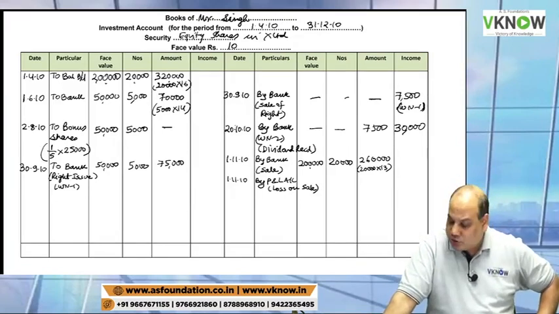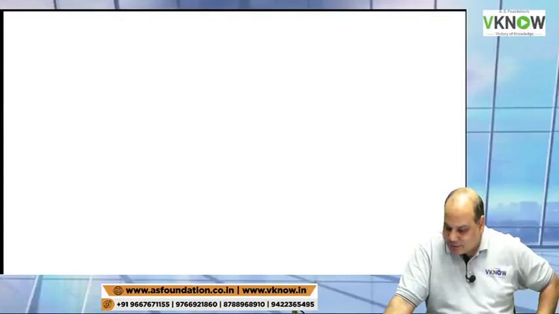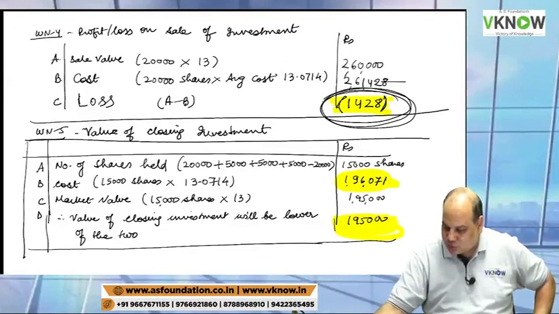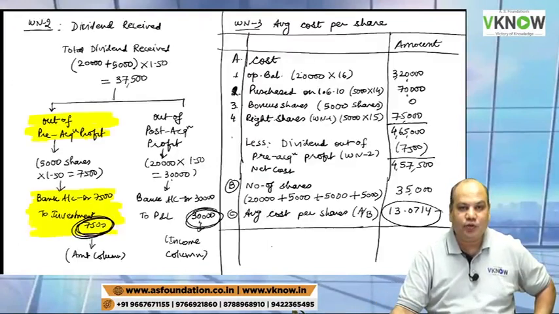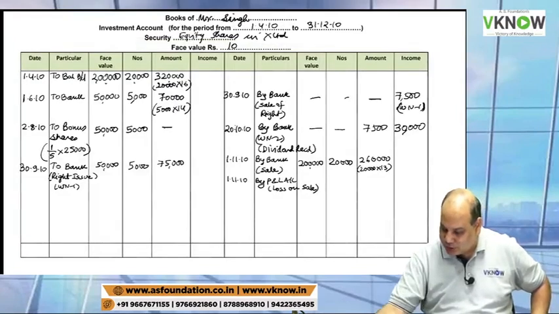So what is the loss on sale? Working note number 4. Loss on sale 1428.